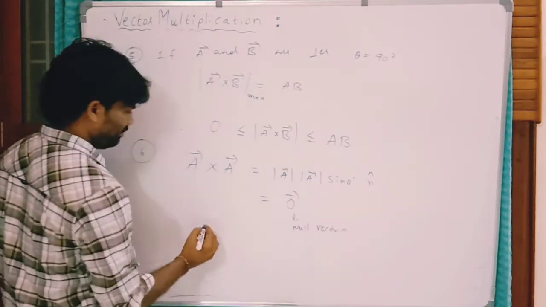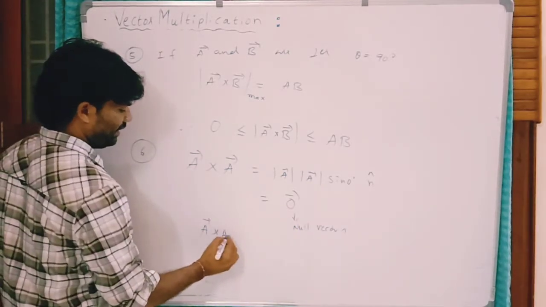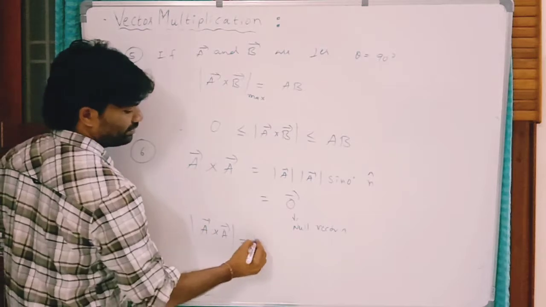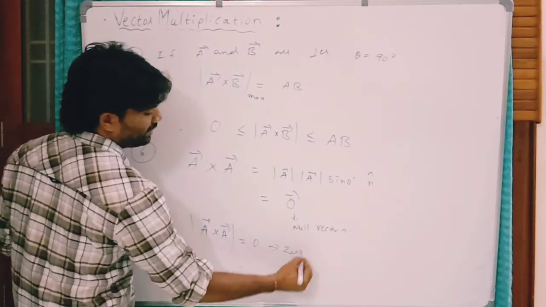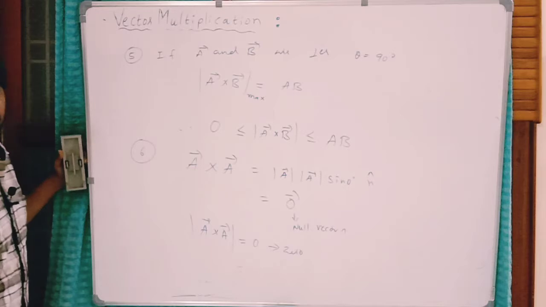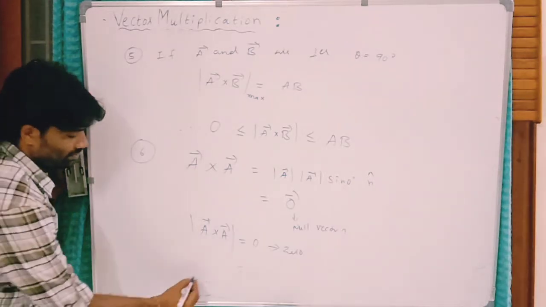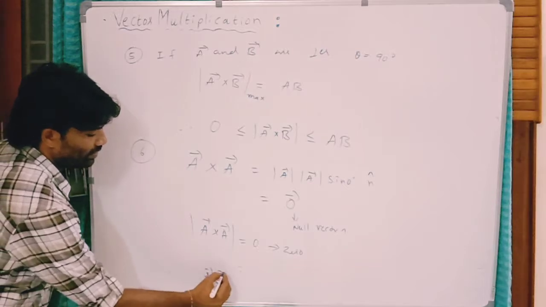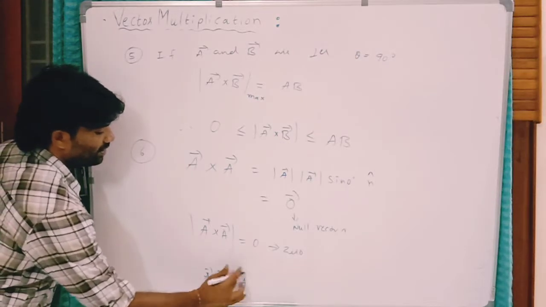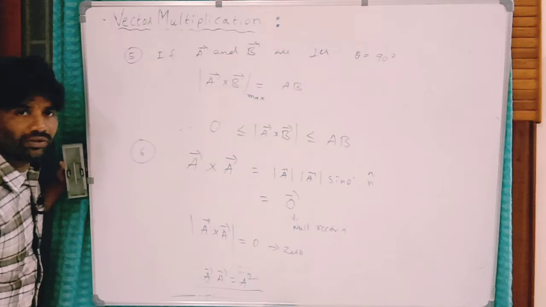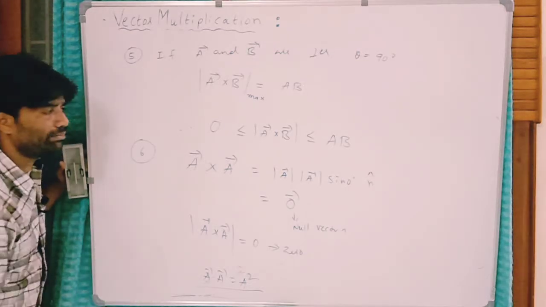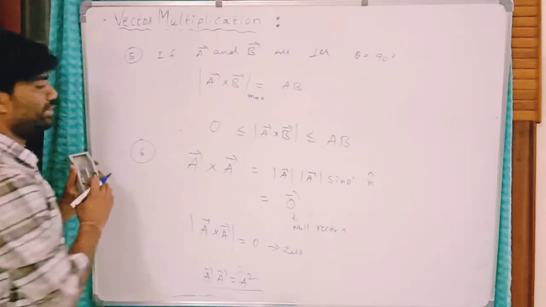Or if you take the magnitude, the magnitude of A cross A is 0. Whereas in the dot product we have written A dot A is A square. But here A cross A is not equal to A square. Remember that, this point is important here.